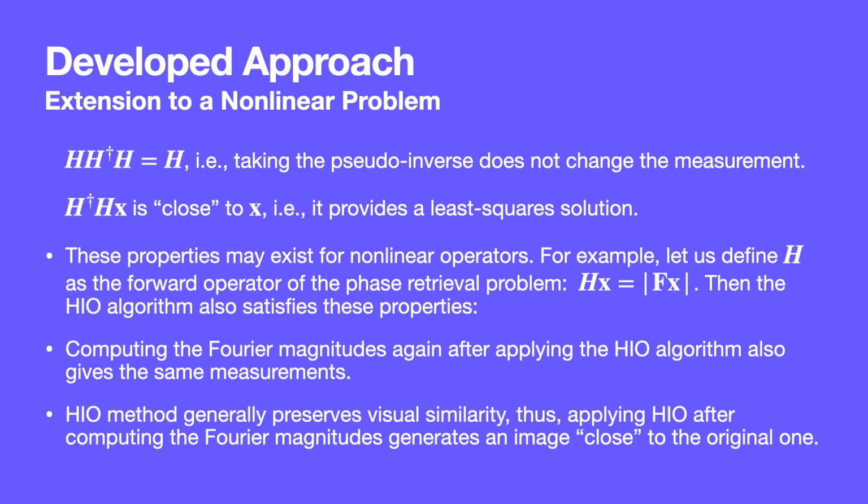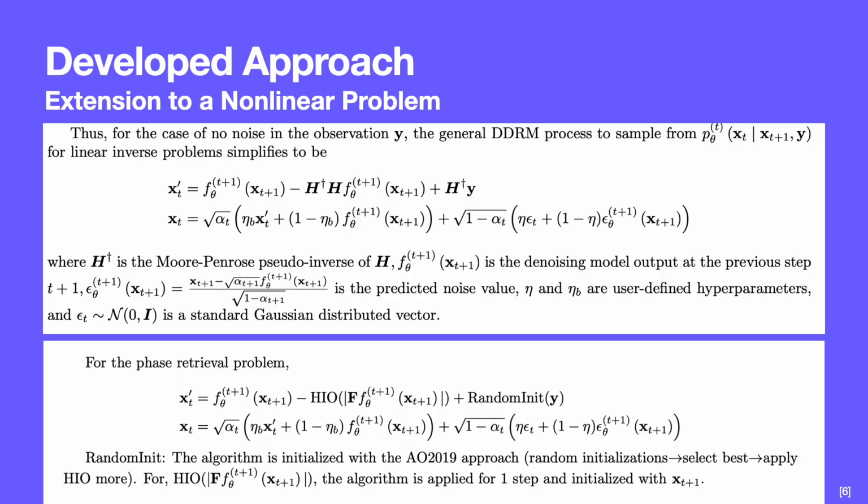And yes, these properties are also true for the HIO algorithm. If we compute the Fourier magnitudes of the HIO output, it also gives the original measurements, and the HIO method also generally preserves the visual similarity.